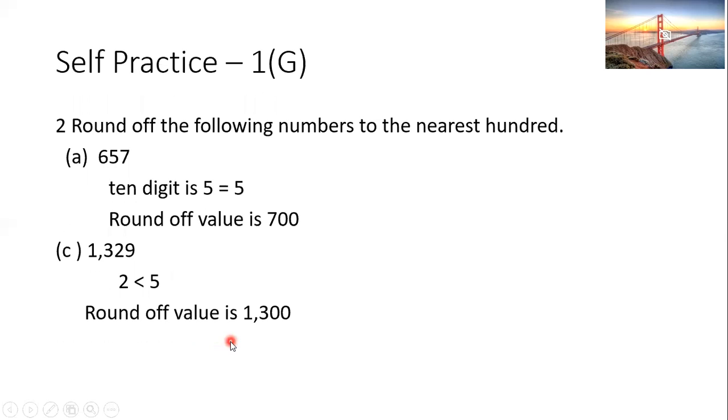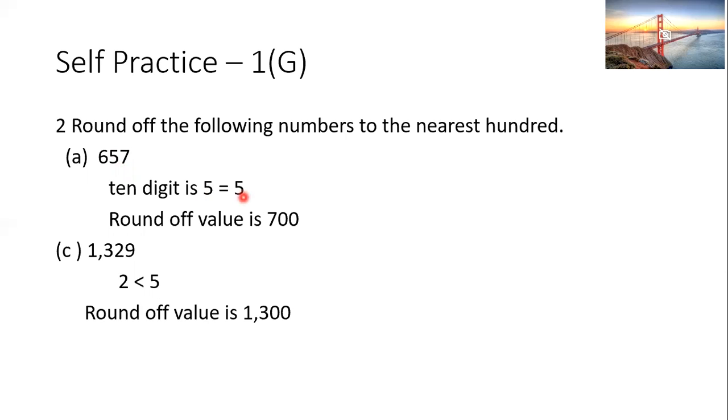Next. Round the following numbers to the nearest 100. The first one is self-practice 2. I will do some, and you do the remaining sums in your homework. The first one is 657. What's the 10's place value? 10's place value is 5. 5 is equal to 5 right now.